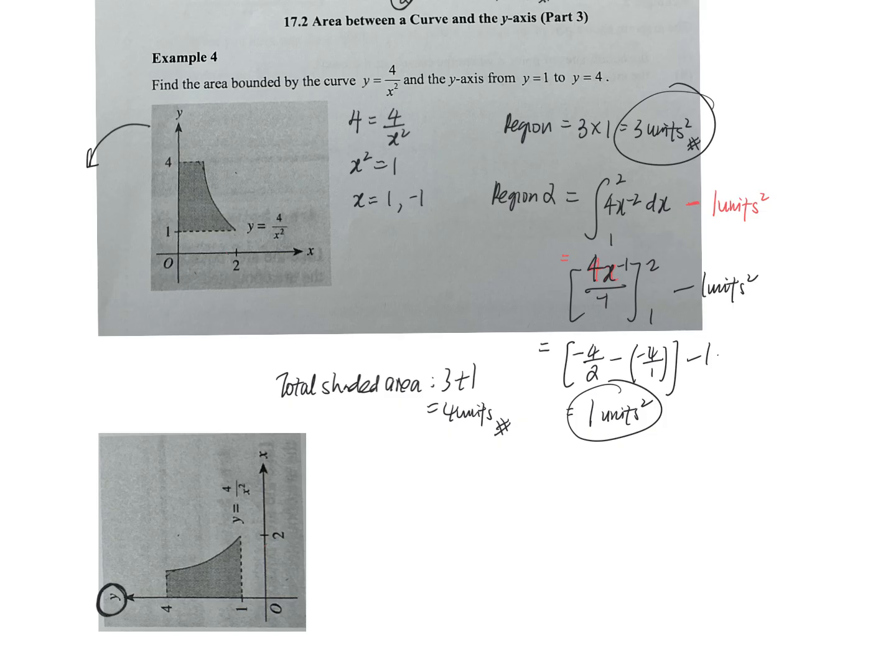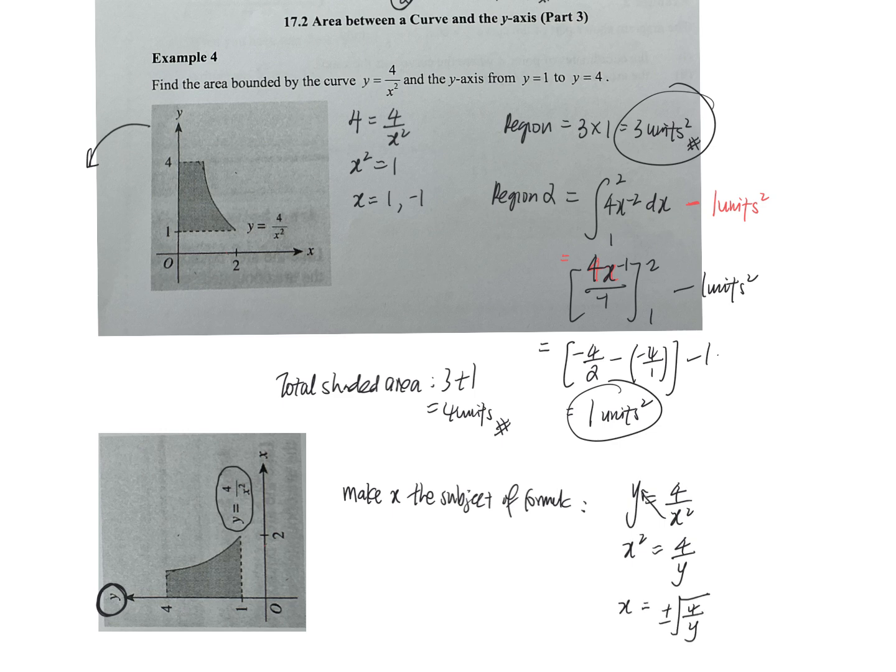So by right, for this equation, you must make x the subject of the formula. So how to do that? I will rearrange them, so swap the position of these two. And then I take a square root.